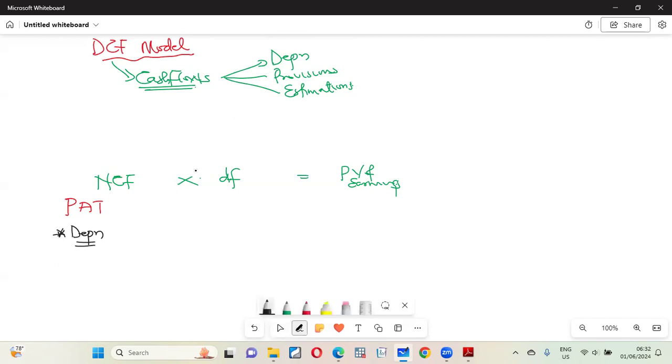Then another trick is this discount factor. There are two types of discount factors. We have the post-tax discount factor and we have the pre-tax. I've told you in your course in doing corporate reporting and FR already that in FR and CR, we don't use the post-tax discount factor.